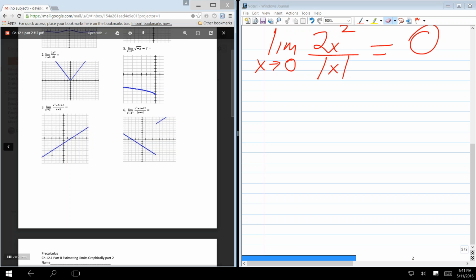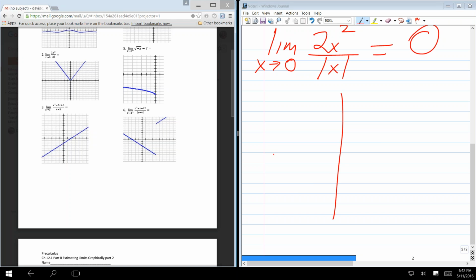What's this limit as we approach 3 from the left side? Yeah, looking at the graph only. Looks like it's headed towards infinity. Okay, there's a problem here, and let's go over it.